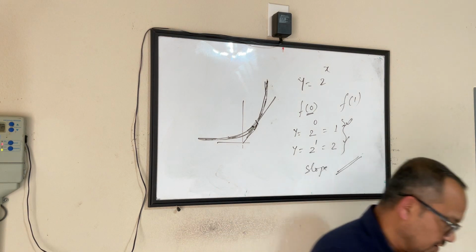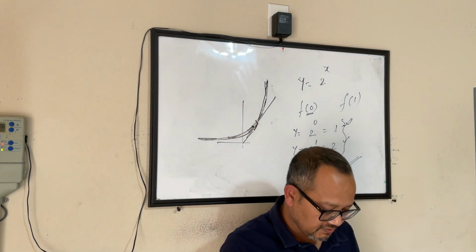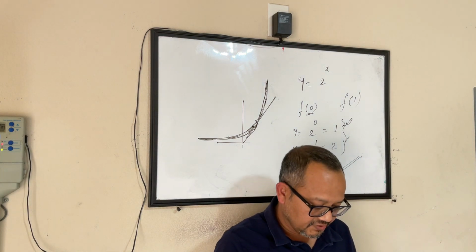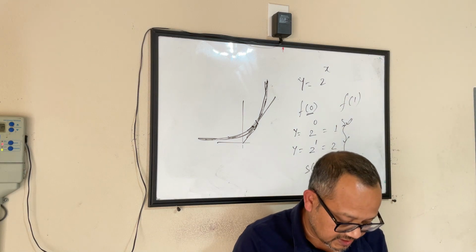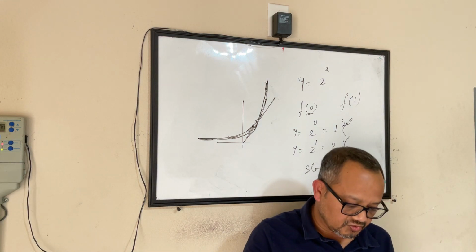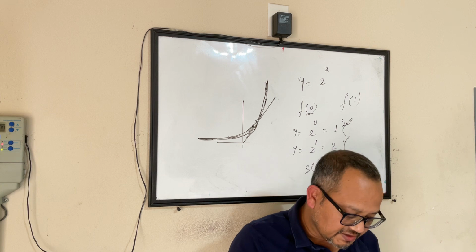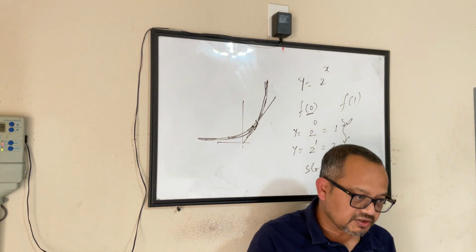Okay. All right. So this was one of the topics that we wanted to cover today, which is understanding the slope of a graph of exponential function. Now, next thing we wanted to do was, what do we mean by shifting the y-intercept of an exponential graph?